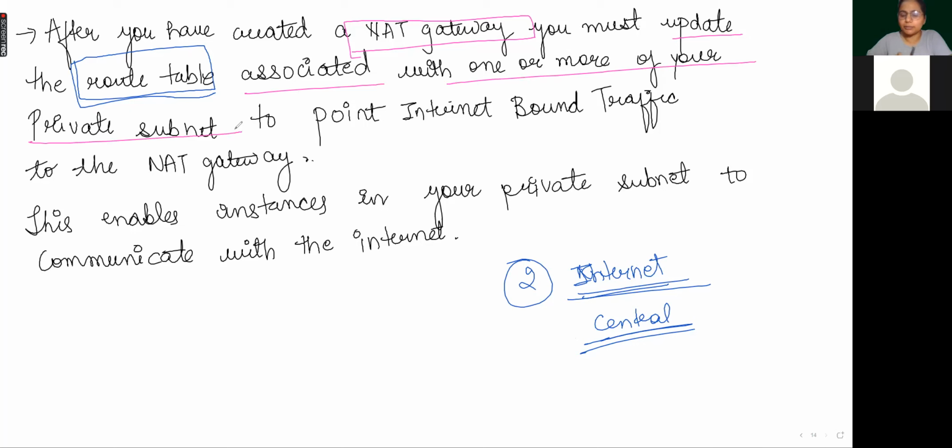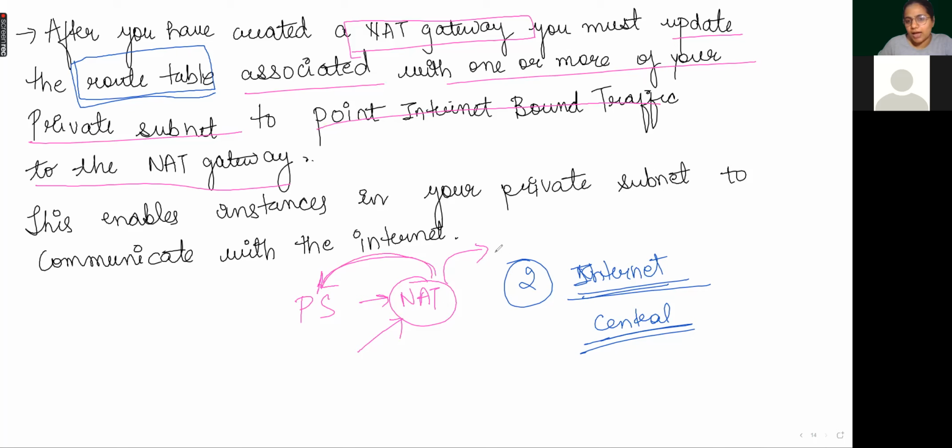Means if there are multiple private subnets, you have to specify to which private subnet this NAT gateway is associated with, so that this NAT gateway knows to which private subnet I have to provide an internet connection.